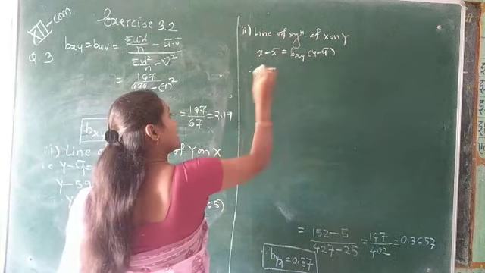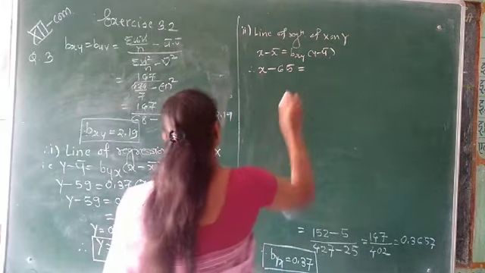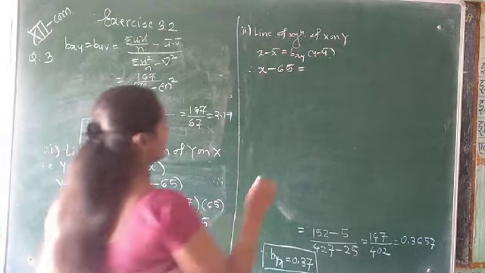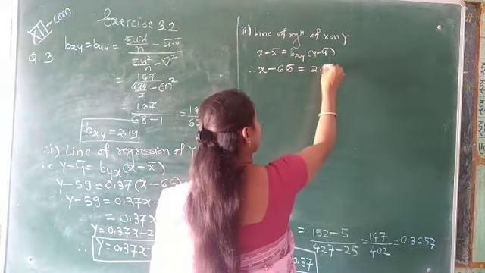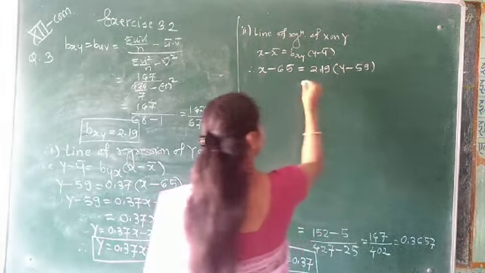What is x bar? The value of x bar is 65. What is the value of Bxy? 2.19, into y minus y bar, which is 59. So solve this bracket.